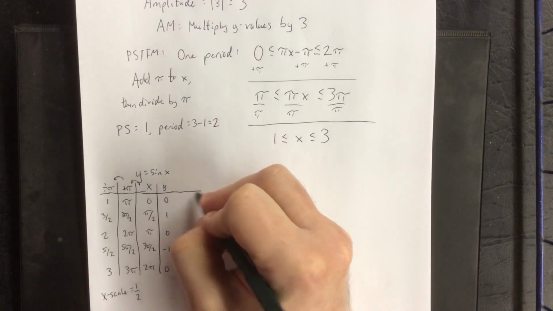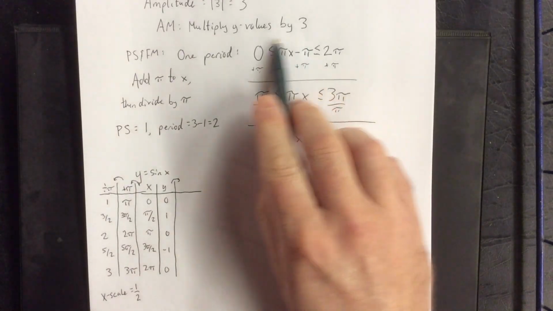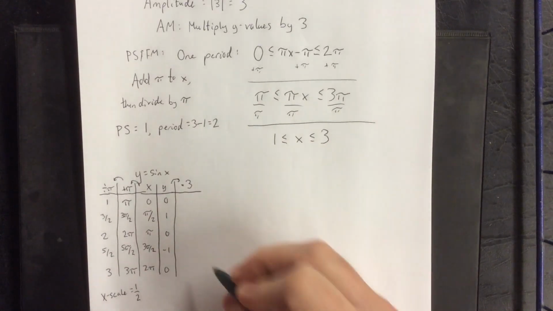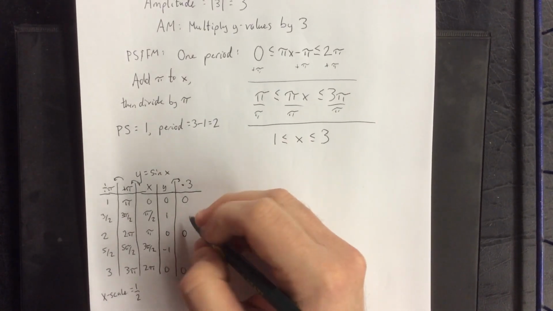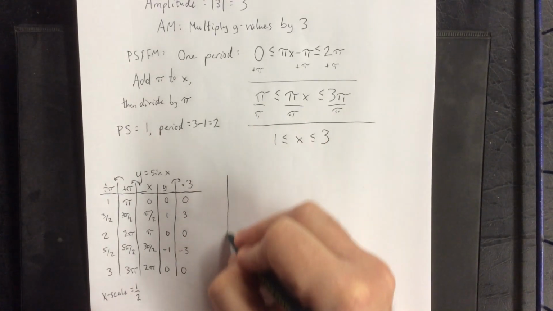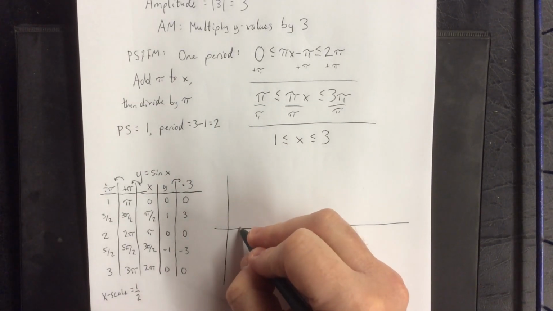We also need to apply our amplitude modulation, and the amplitude modulation was to multiply the y values by 3. So the zeros will remain the same. The 1 will get tripled, and the negative 1 will get tripled as well. So I've already mentioned I want my x scale to be 1/2.